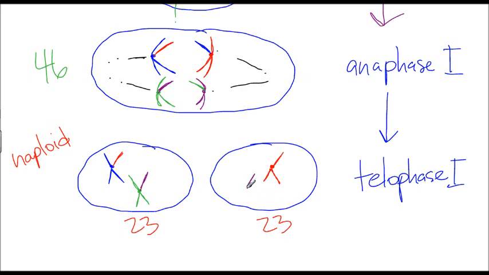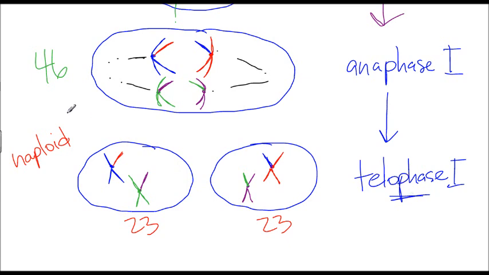Let's continue with this drawing. Now notice we've got a part of the genetic material, and both of these cells are now starting to look completely different. By the end of telophase during mitosis, both of these cells are exactly identical. But at the end of telophase 1, these cells are going to be completely different.